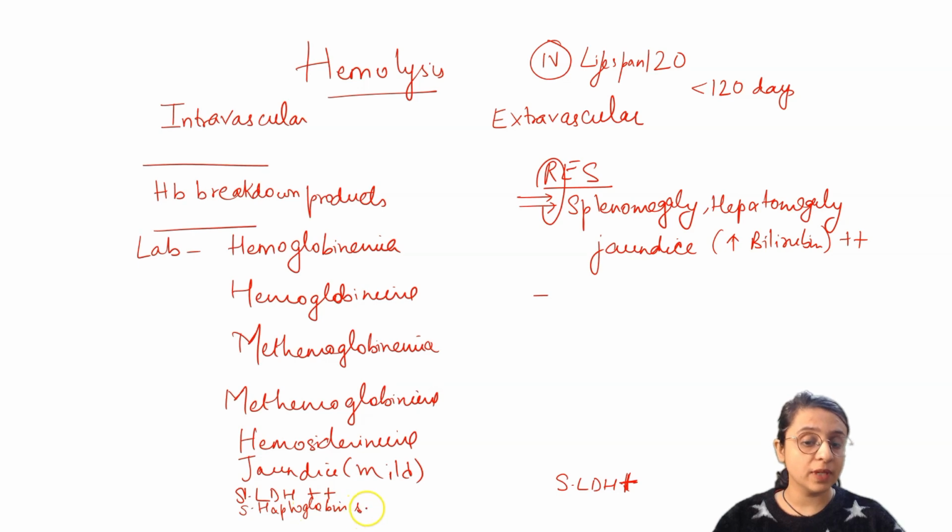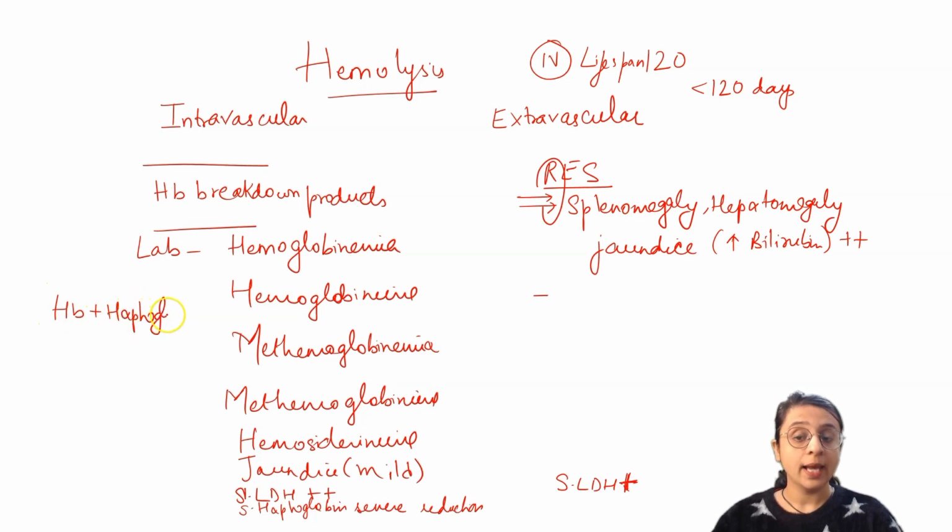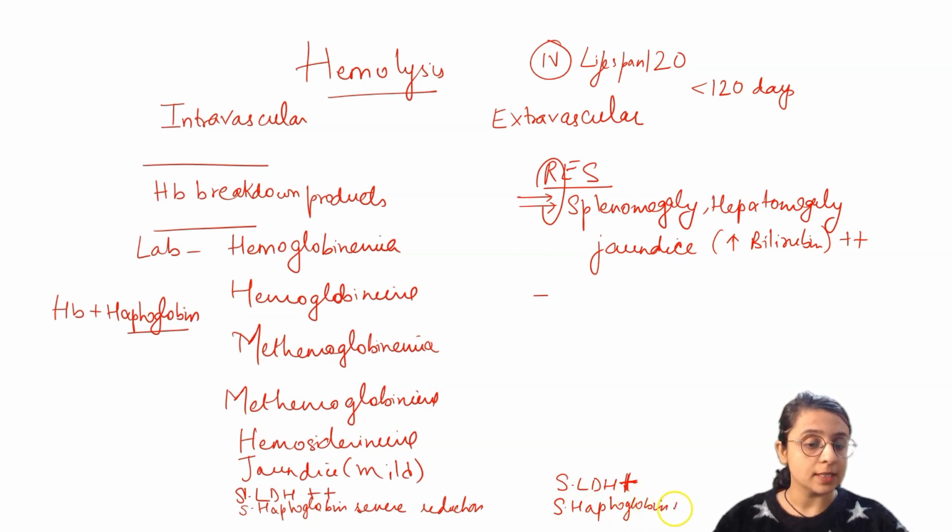There will be a severe reduction. So what happens is hemoglobin will form a complex with this haptoglobin, right? So hemoglobin released into the blood vessels will result in a formation of a complex with haptoglobin, and thus in return the serum haptoglobin levels will lower down. Here also serum haptoglobin levels may decrease, right? It may also decrease, but the reduction is less. So there is a mild decrease.